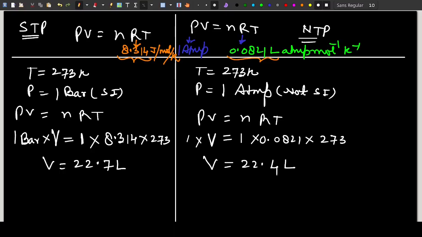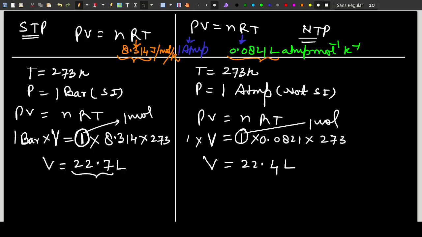So here we put the value n equal to 1. Here it was 1 mole, here 1 mole.